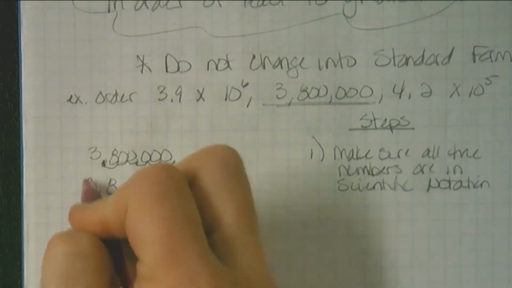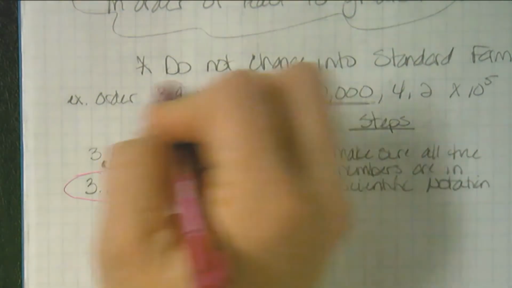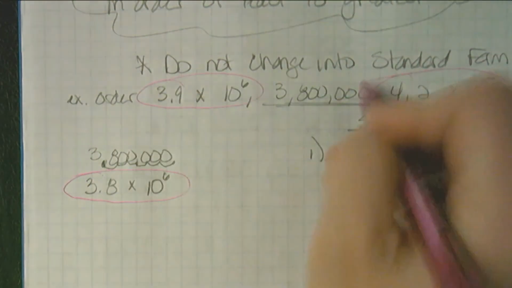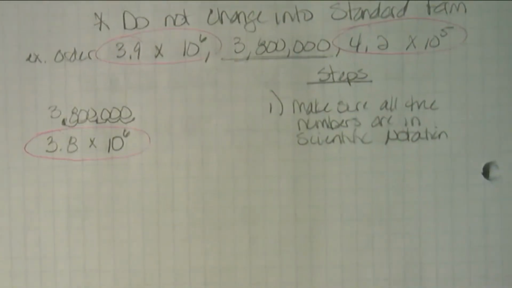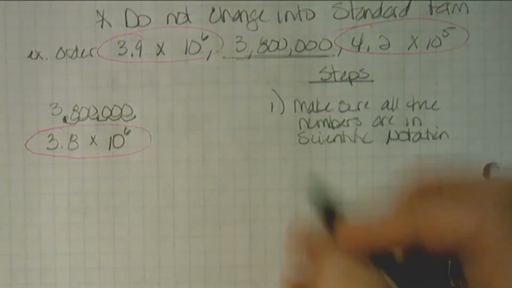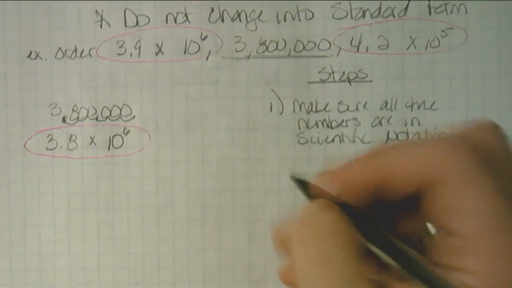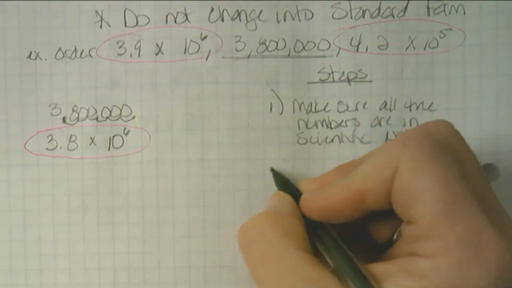Awesome. So what I'm going to do now is circle the numbers that I am comparing. That helps me so I know what my focus is. So now that all three numbers are in scientific notation, this is the next thing you need to look at. This is how we order them.